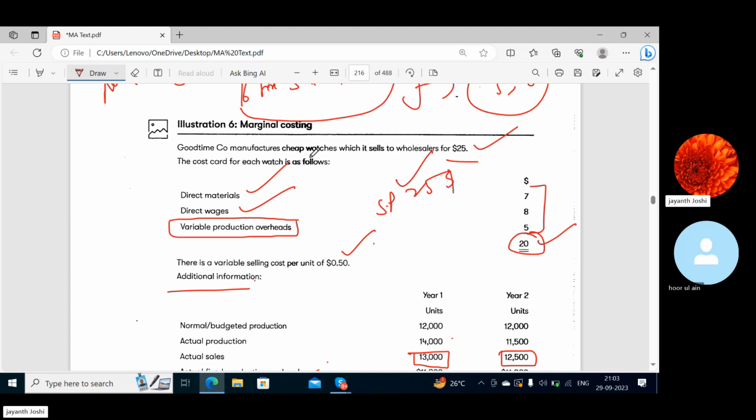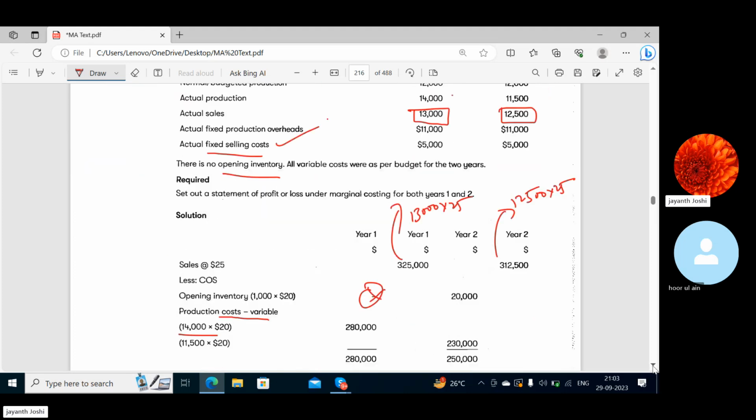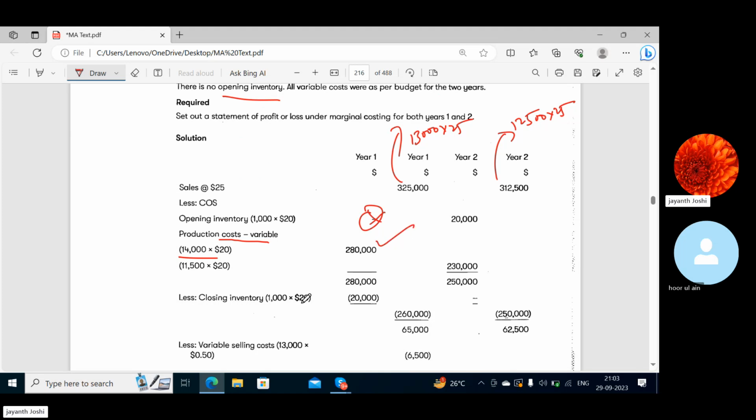We have already discussed that under marginal costing, variable manufacturing overheads should be considered and fixed manufacturing overheads should never be considered. So under the product cost, variable manufacturing overhead is a part. That's the reason we have taken 20 and multiplied, and we got 2,80,000, right?